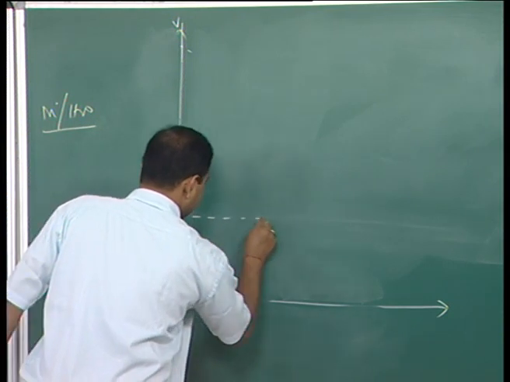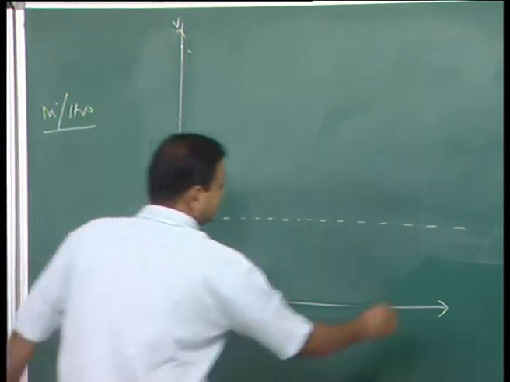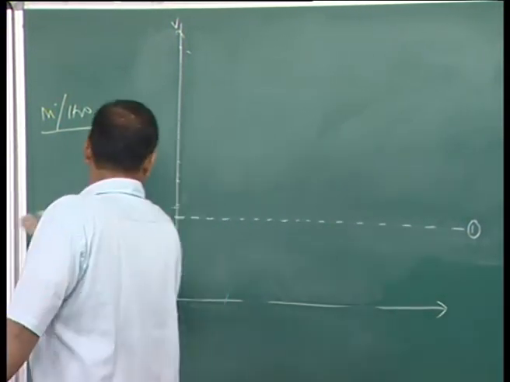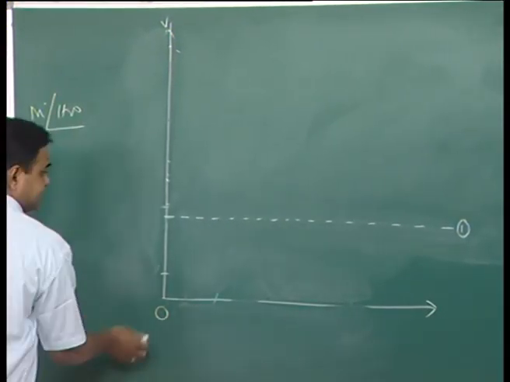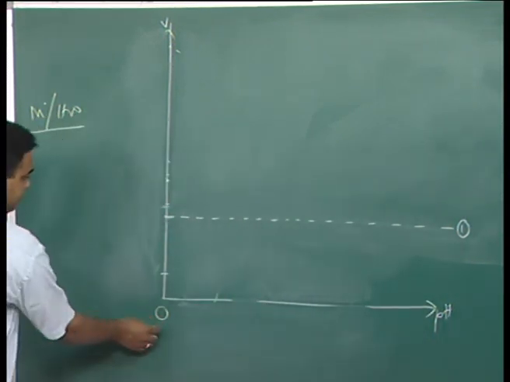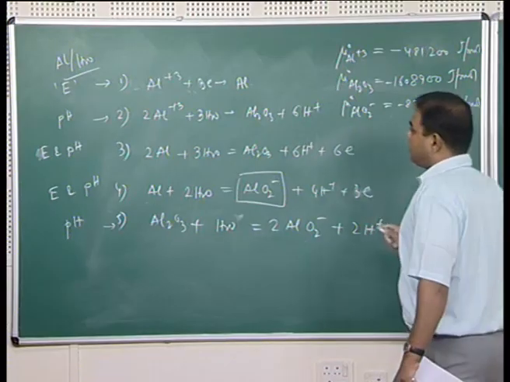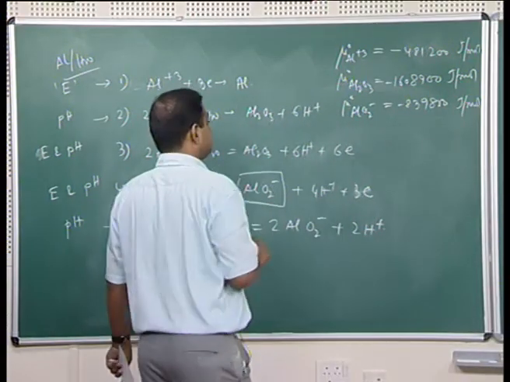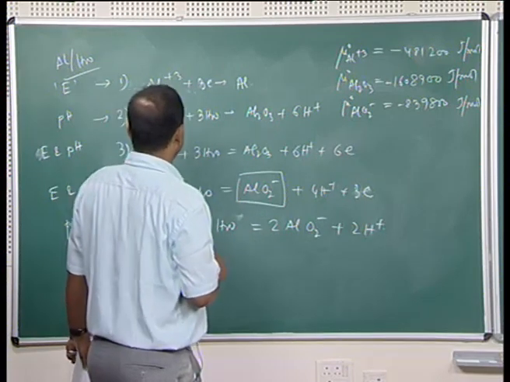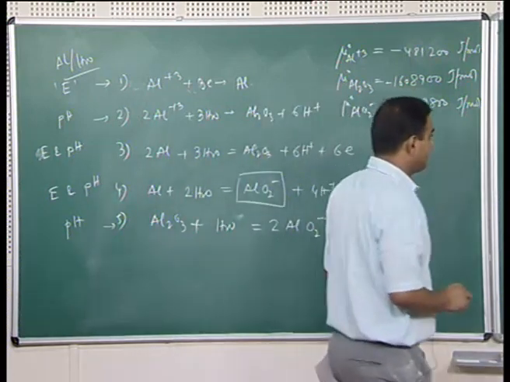So, this dotted line is giving the reaction number 1, which will be a line parallel to the pH axis. And at 0 pH value, this should be the value of the standard reduction potential if the activity of Al plus 3 is 1, or the concentration of Al plus 3 would be 1.